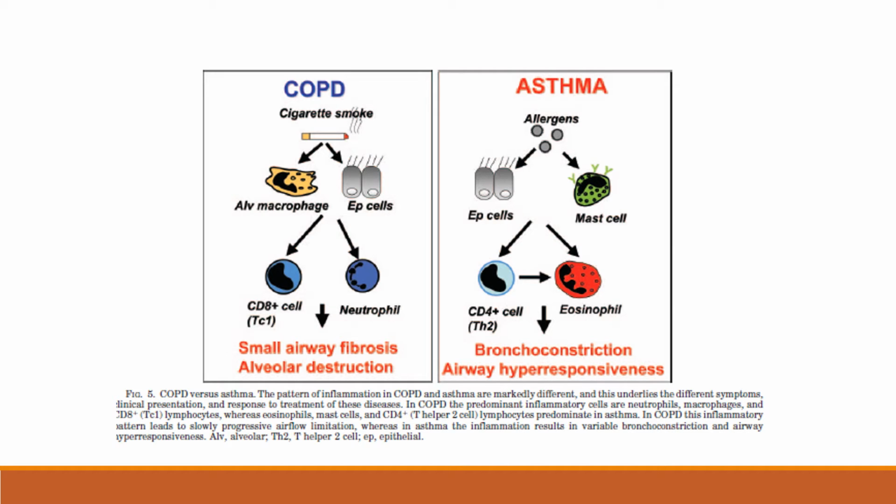Asthma, on the other hand, is primarily from allergens, which could be cigarette smoke, but many other things come into play that affect more the mast cells and the epithelial cells. So again, we have some medicines in asthma where we can see mast cell stabilizers being used and whatnot. Mainly eosinophils with that allergic response being stimulated.